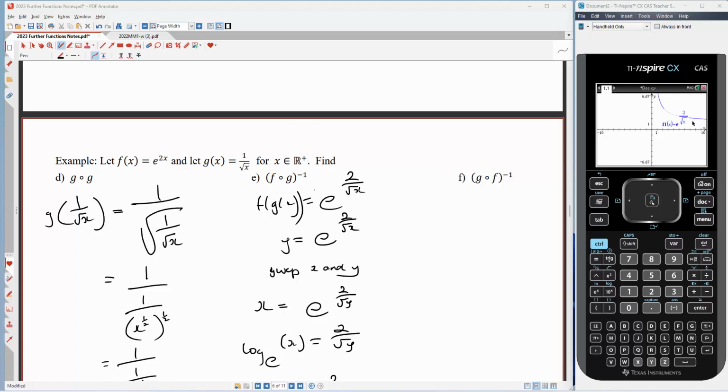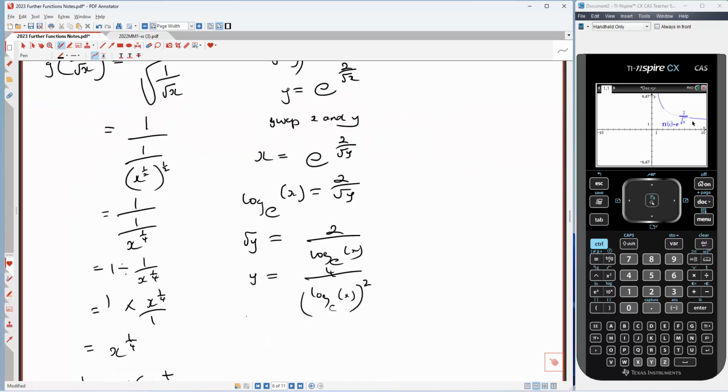This function is going to go like that, and the asymptote is going to be at y equals 1. So we can see that the range is going to be from 1 to positive infinity, and that's going to be the domain of this.